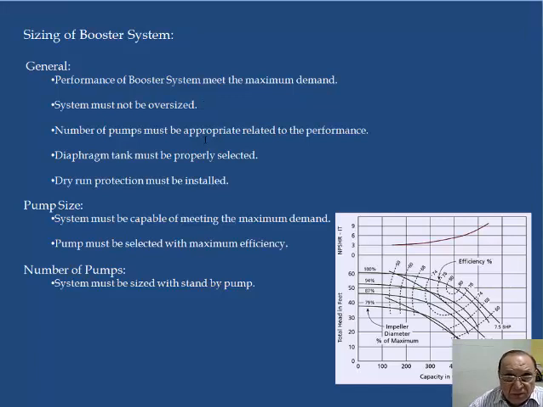This gives a negative effect on the system, meaning the energy consumption will be higher for the same requirement. The number of pumps appropriate is related to the performance. What does it mean? It means that if there is a larger demand, it should be divided into different combinations and configurations of the pumps. And the diaphragm tank, which is a part of the system, must be selected properly.